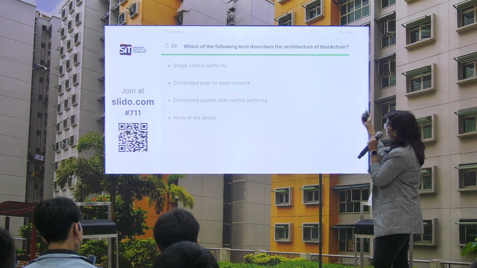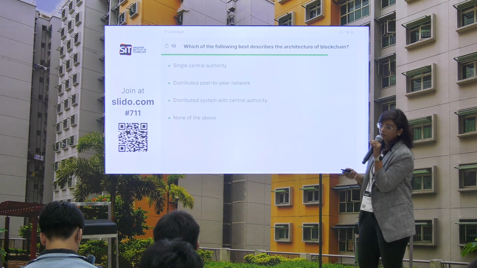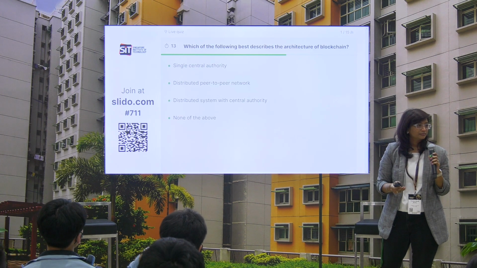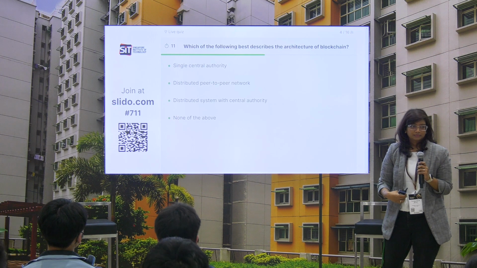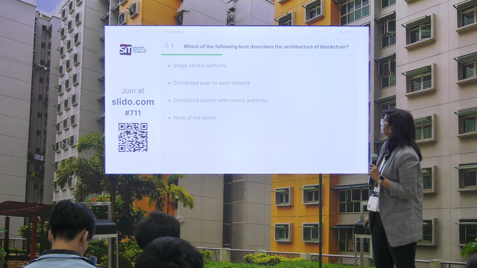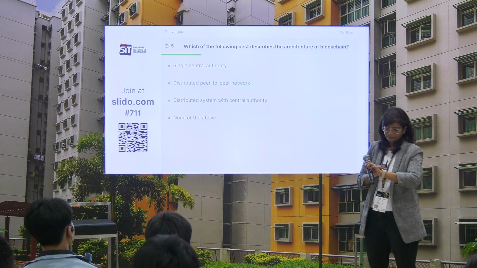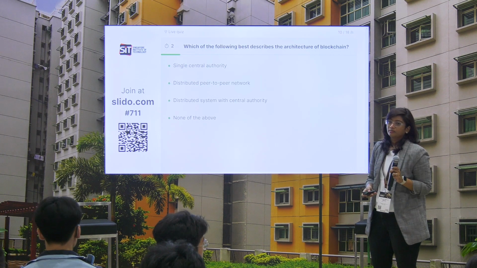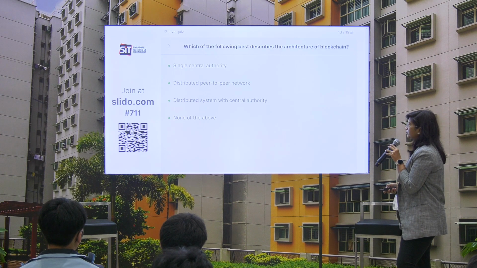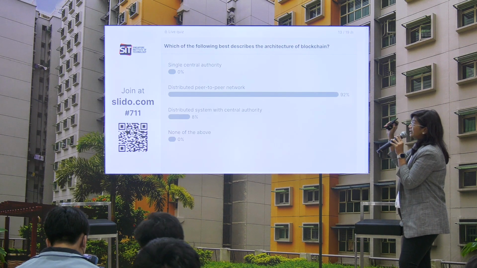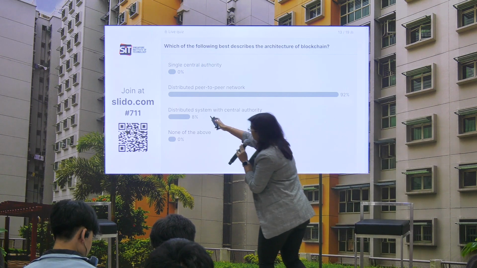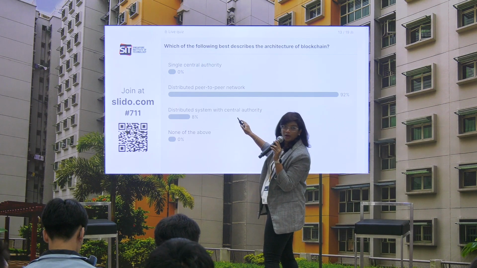Which of the following best describes the architecture of blockchain? So it's a distributed peer-to-peer network. It's a distributed system with no central authority, right?